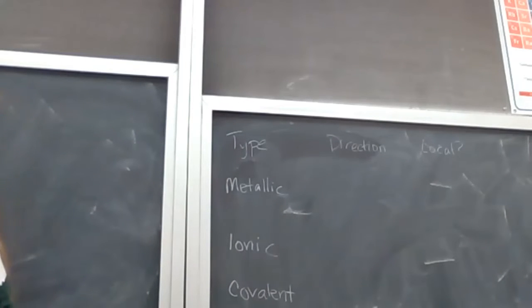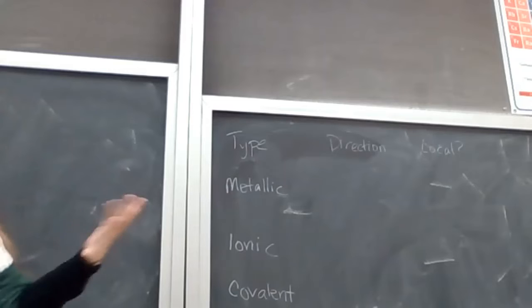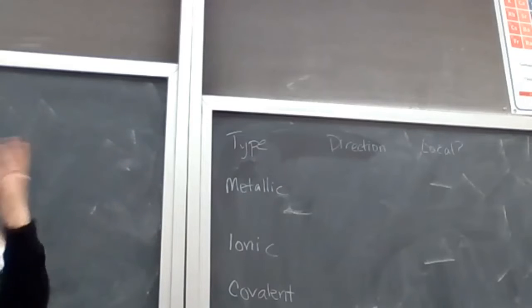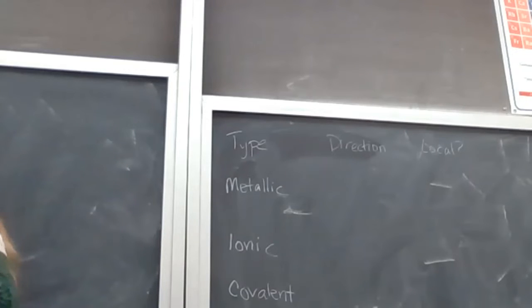So the direction tells us where the electrons are going. Do they move equally in all directions, three-dimensionally, or do they stay between two atoms? You know, these two electrons are between these two particular atoms on this particular molecule.